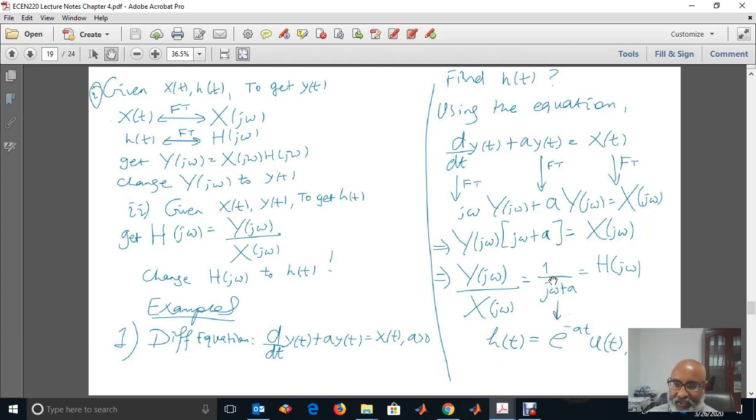So we can change directly using the previous method, because we already found the Fourier transform of e^(-at) u(t), which is equal to 1 over (jω + a).